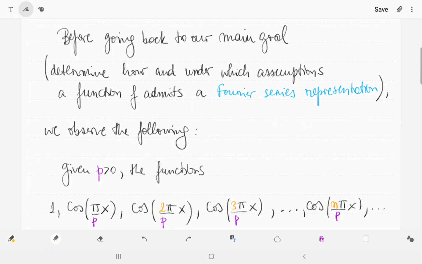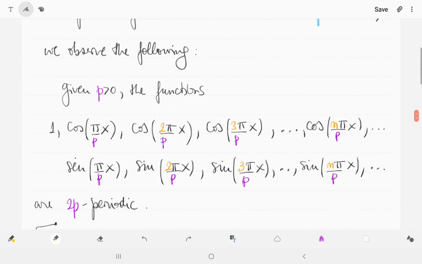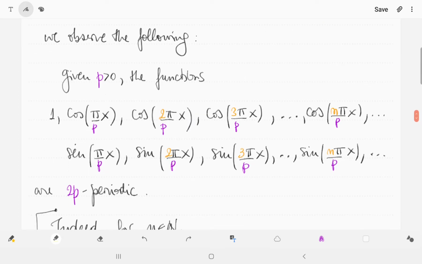Okay, so we observe the following facts. Given p positive, which will be in the future related to the period of a function, all these functions: the function that is always 1, the functions cosine of pi over p x, cosine of 2 pi over p x, and 3 pi over p x, and the same for any n natural number, and sine of pi over p x, 2 pi over p x, 3 pi over p x, and so on.